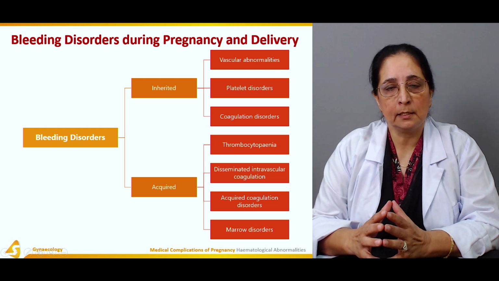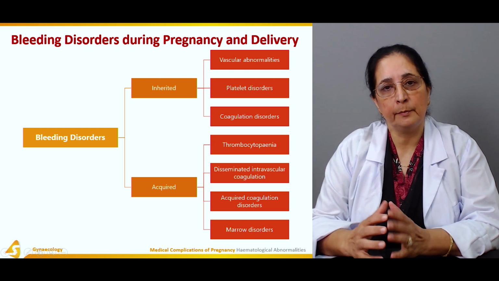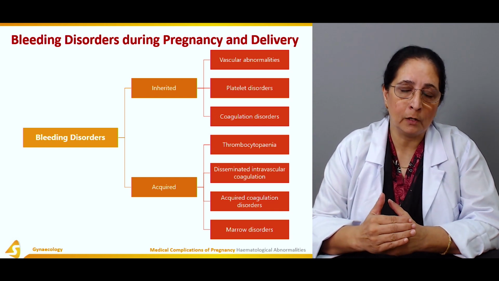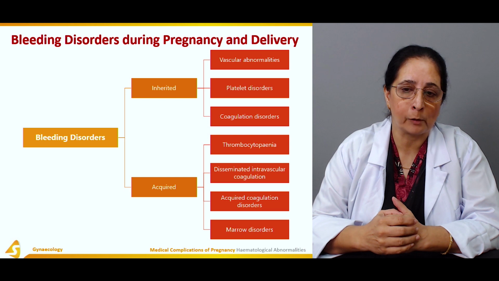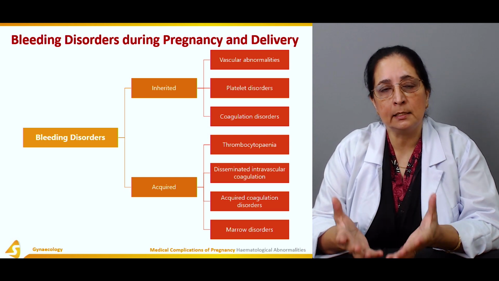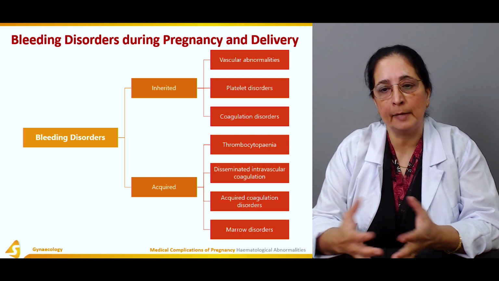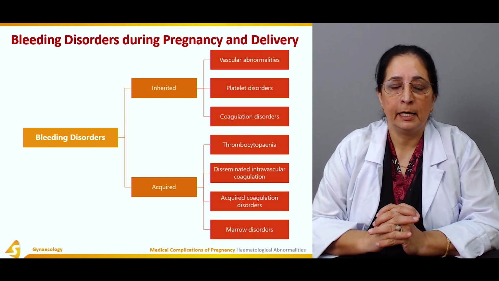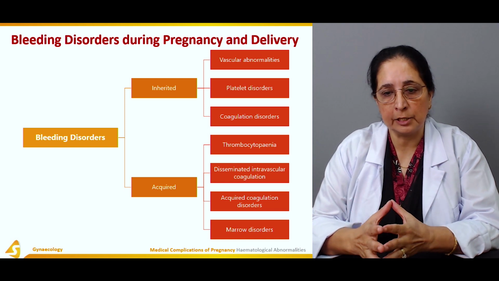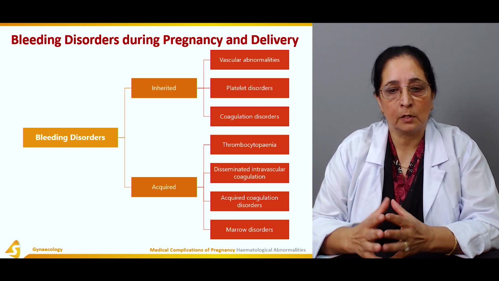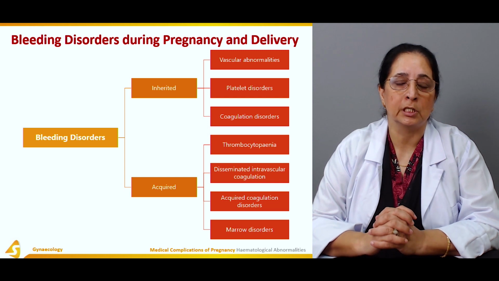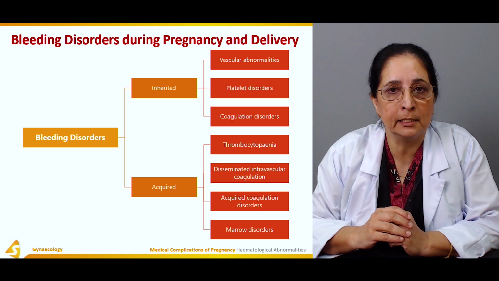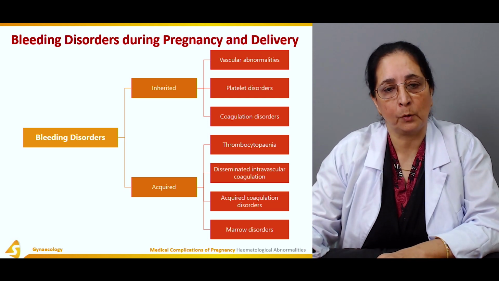So all these are the bleeding disorders during pregnancy and delivery. It can be inherited or congenital, or it can be acquired. Inherited is any vascular problems, platelet deformities, coagulation disorders, but the acquired are usually thrombocytopenia, marrow disorders and acquired coagulation disorders. So these are the two major classifications of bleeding disorders: inherited and acquired.